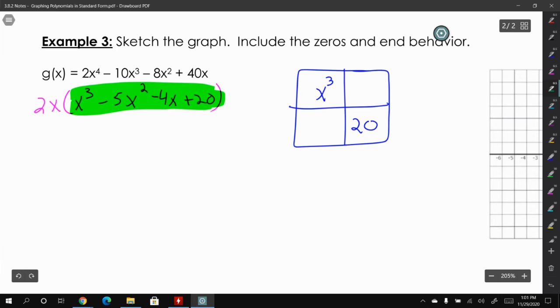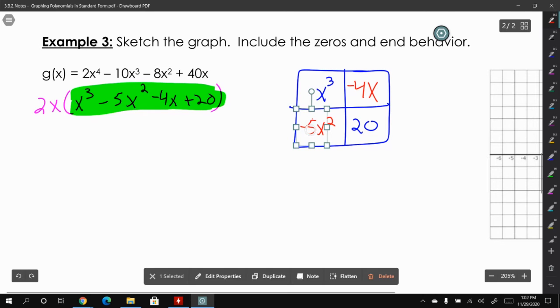And then it doesn't matter where you put the x squared and the x to the first power. So we'll put negative 5x squared here and negative 4x here.